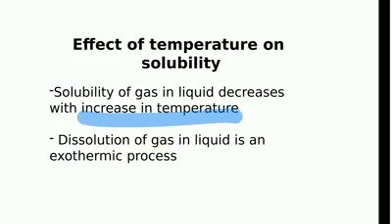That is inversely proportional to each other. So in this case also, the solubility of gas in liquid decreases with increase in temperature. Or we can say that when the temperature increases, the gas escapes from the solution, so its solubility in liquid decreases.